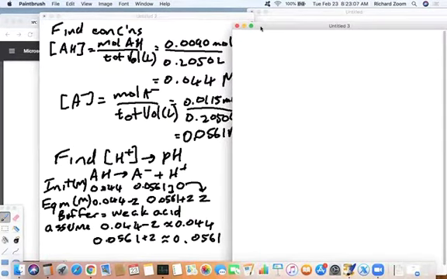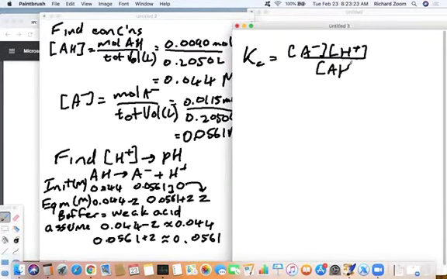Okay, so once we've got those, then we can use our Ka expression, which is based on this reaction that we have here. It's going to be A minus times H plus over AH. The Ka was given in the problem, 1.80 times 10 to the negative 5.